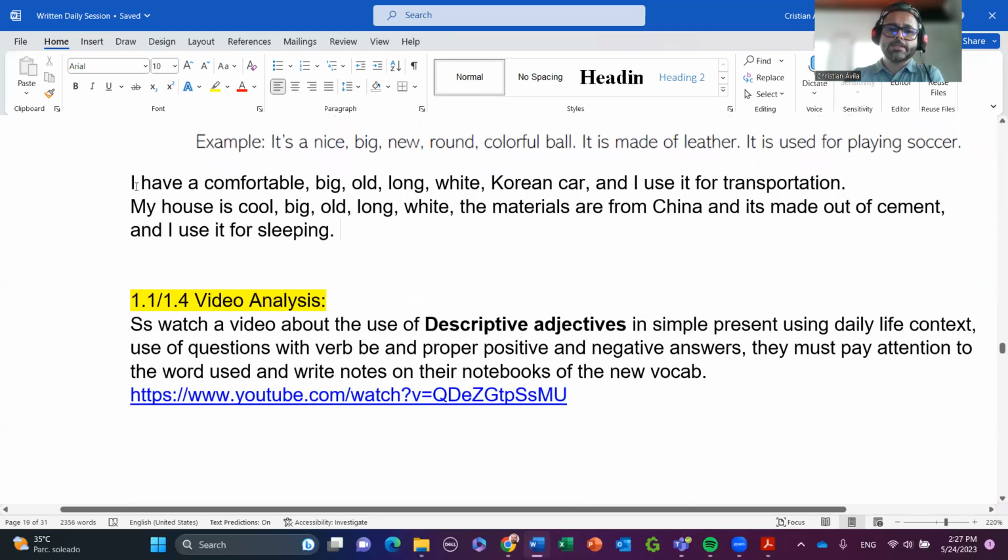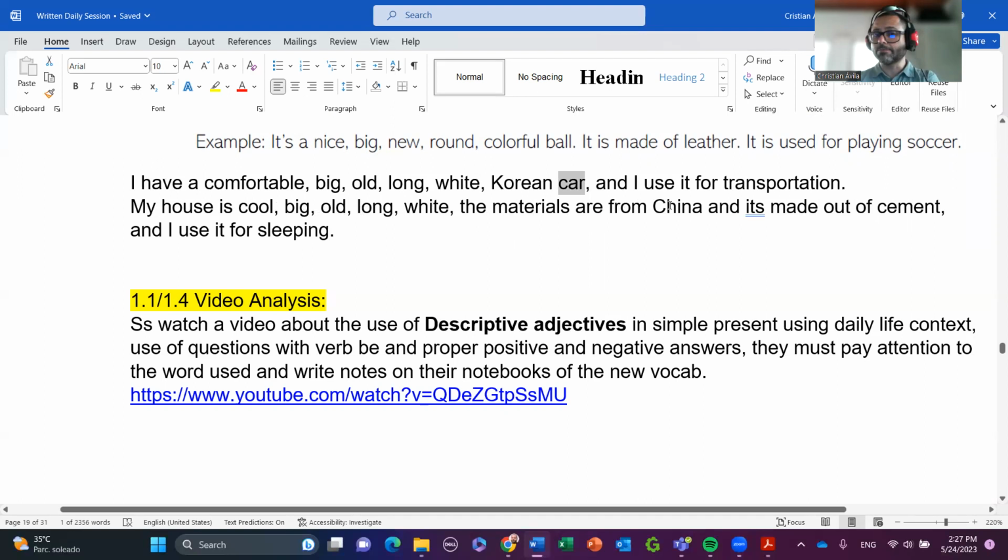In this case, we can also have other things to describe. I'm describing my car. I said, I have a comfortable, big, old, long, white Korean car, and I use it for transportation. My house is cool, big, old, long, white.